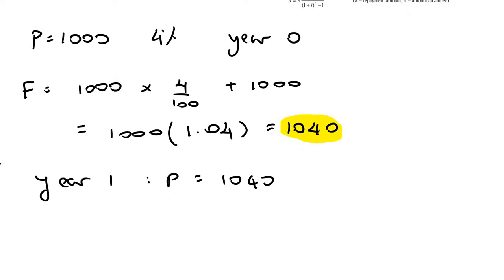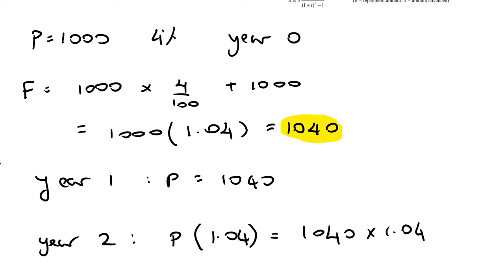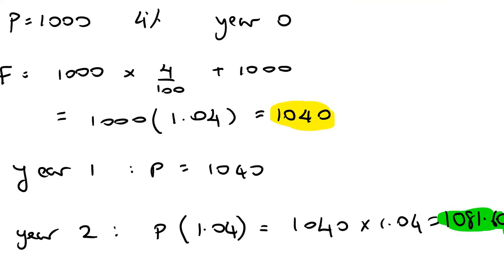And if we want to see how much that money is worth at the end of year 2, that's going to be our principal times 1.04, assuming it's the same interest rate, which is equal to 1,040 times 1.04, which is 1,081.60. So at the end of year 2, that value is now worth €1,081.60.